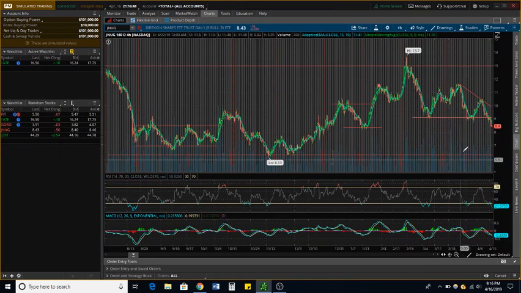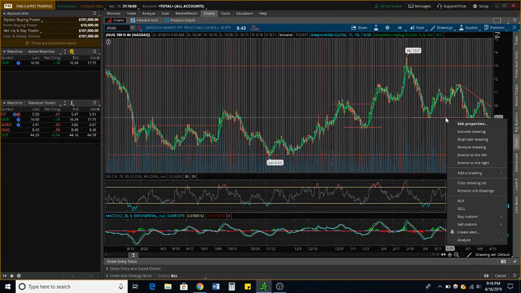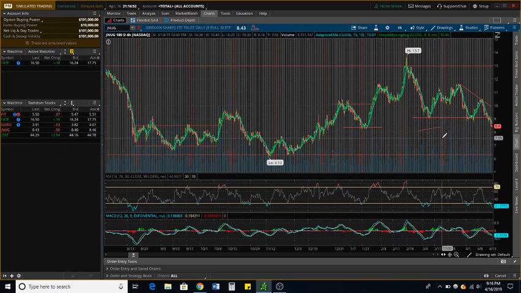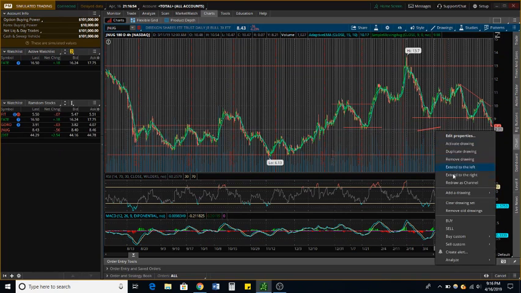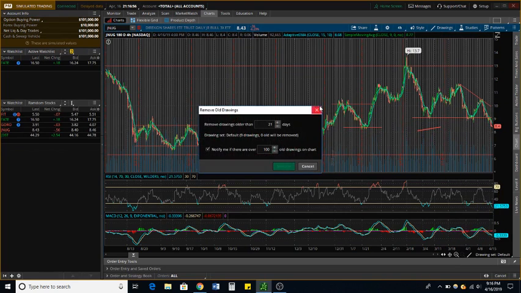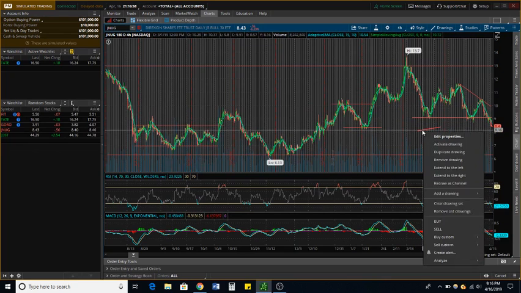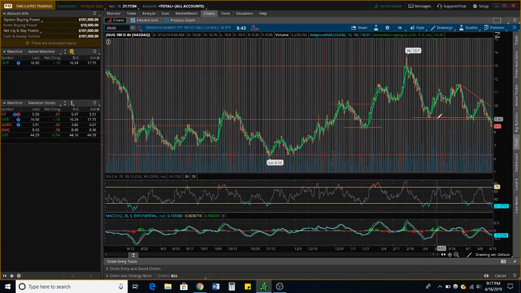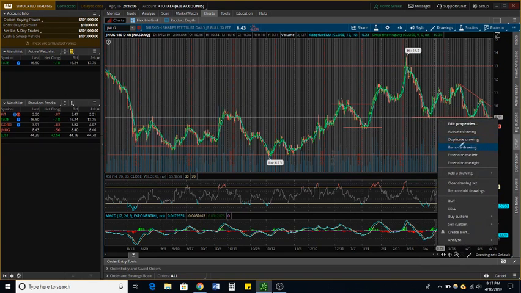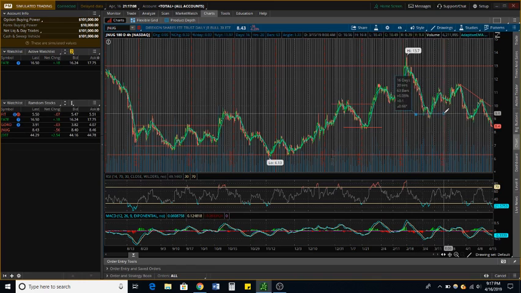Cancel extension. Ugh. This is taking some getting used to. Remove drawing. Just get it to here.